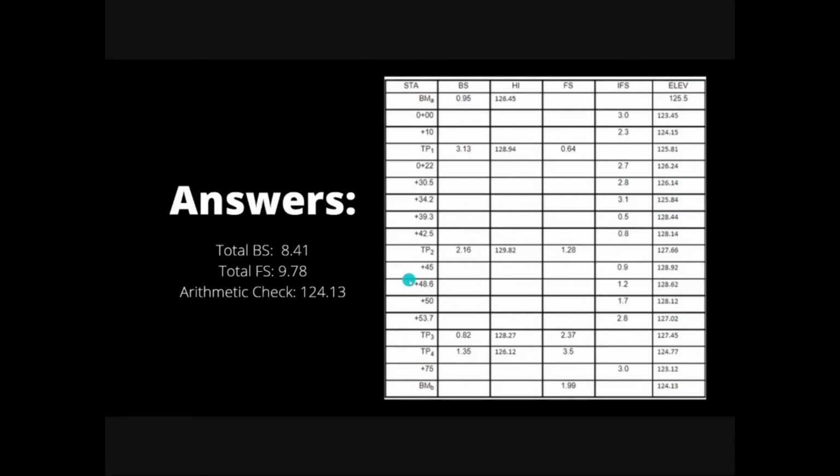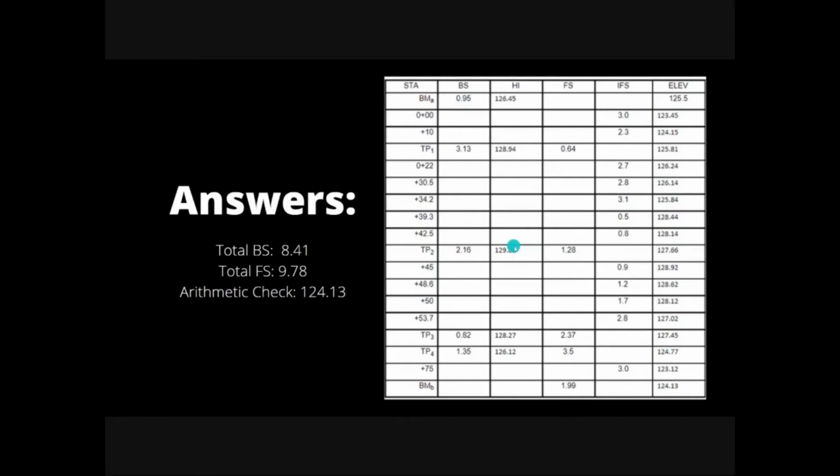So in order to get the elevation value for station plus 45, we have to use the new reading of HI and subtract it by 0.9, which the result would be 128.92.